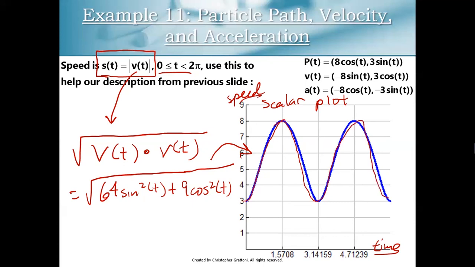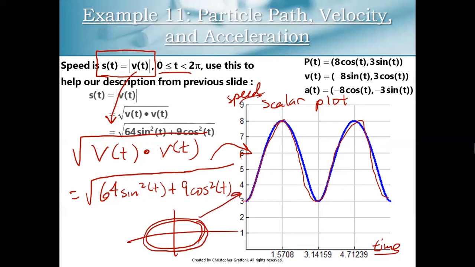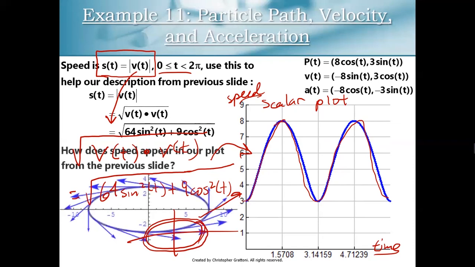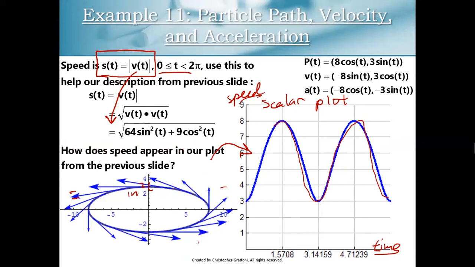Which you guys were able to see on that previous slide with the ellipse. When we were tracing it out, we saw that the particle was going slow around the corner and then speeding up at the straightaway, and then slow around the corner, speeding up along the straightaway, so on and so forth, which you could see happening in that plot. And if we compare everything side by side, we can kind of match it all up together.